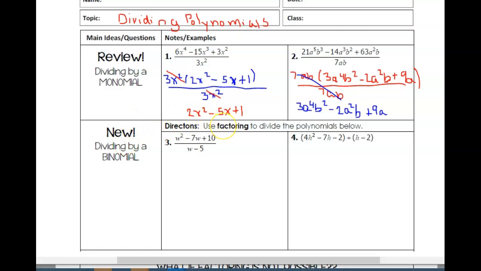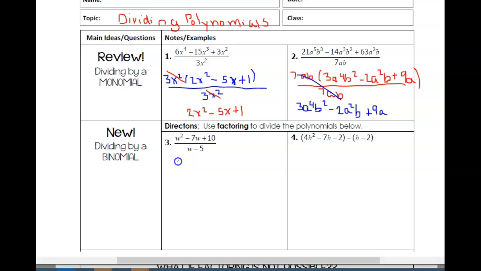Okay, so now we're going to go to the next step and we're going to talk about dividing. We're going to use factoring. Again, this is just review from what we did in the beginning of the year. Let's use factoring to divide out these polynomials. Here we go. I'm taking the first polynomial, w squared minus 7w plus 10.